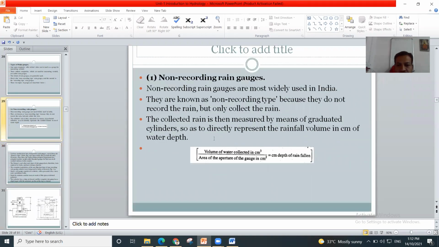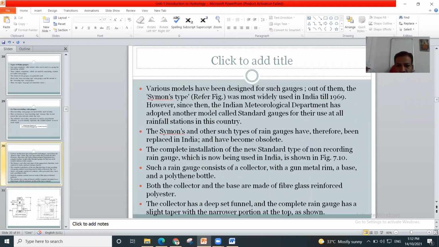In the non-recording type, it includes various models which have been designed for measuring the rainfall. Out of them, the Siemens type rain gauge is popularly used.